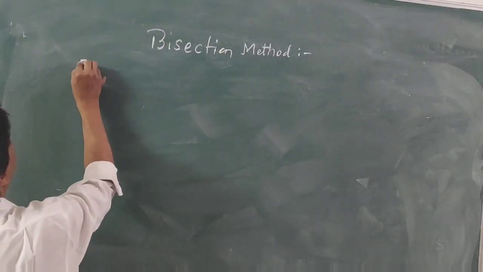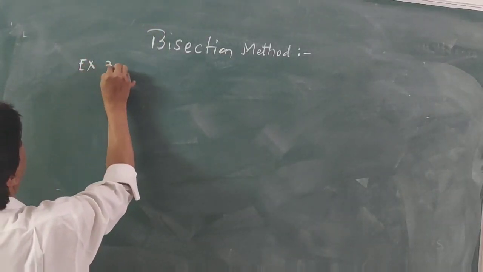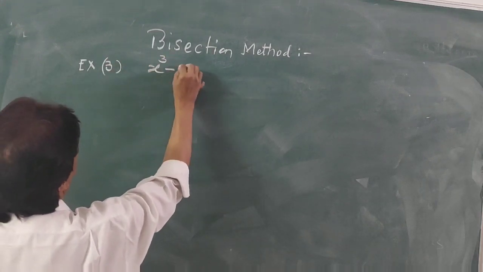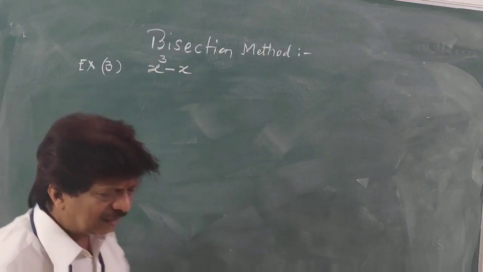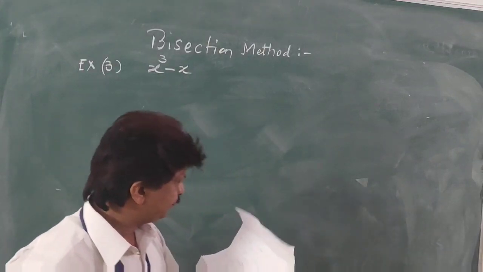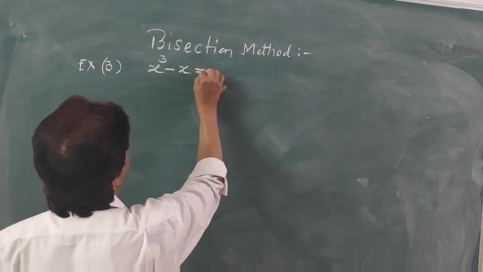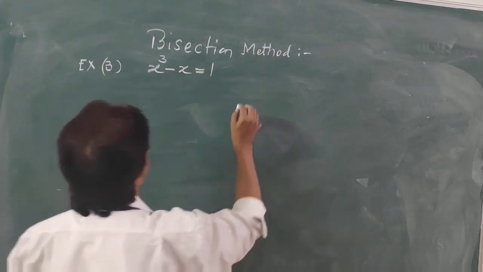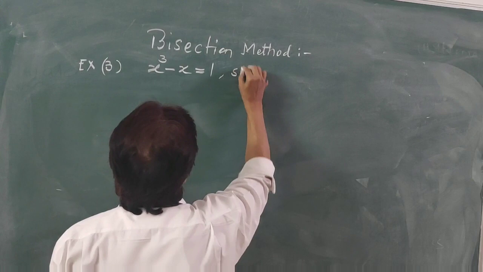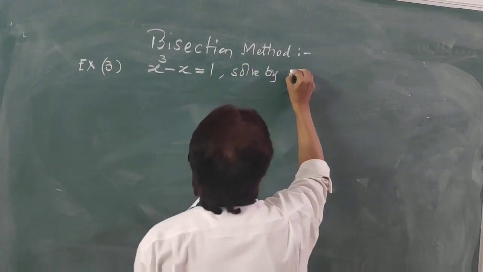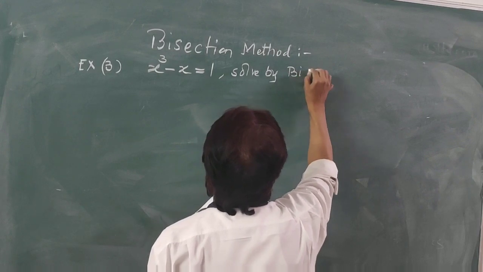Example number 3: x cube minus x equal to 1, by the bisection method.